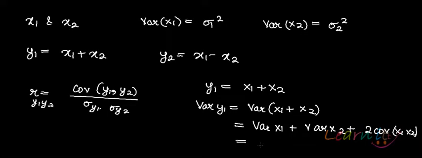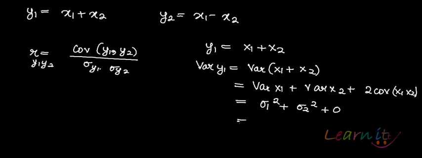Now variance of x1 is sigma 1 square, variance of x2 is sigma 2 square, and these are uncorrelated, so the covariance is equal to 0. So it is sigma 1 square plus sigma 2 square, that is the variance of y1.